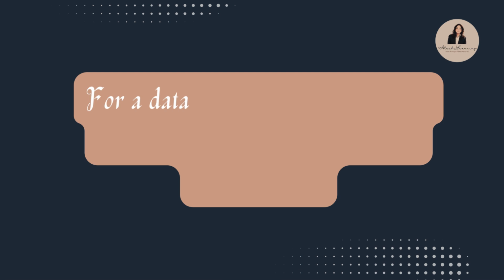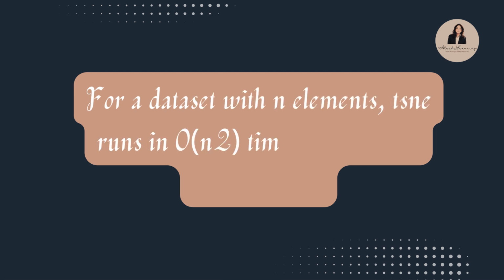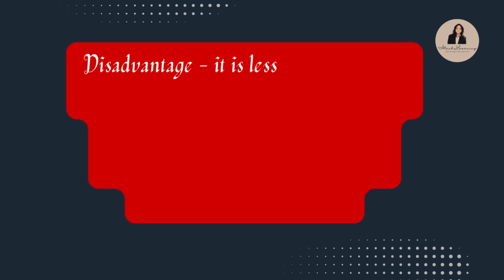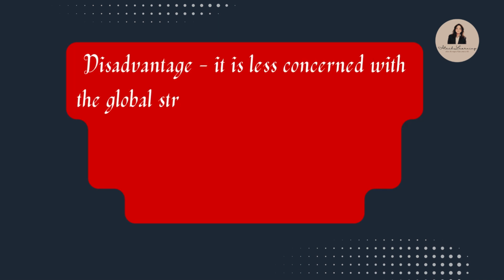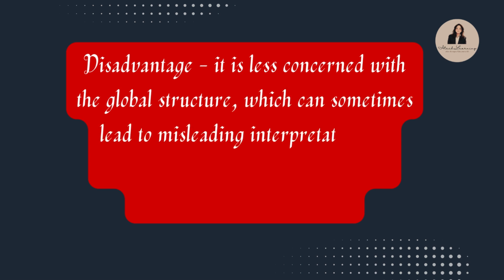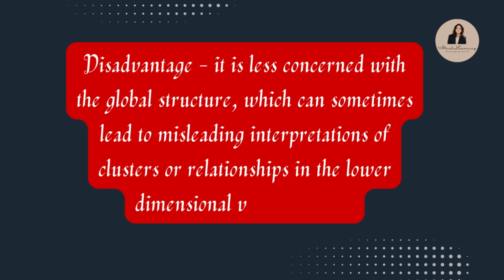For a dataset with n elements, t-SNE runs in big O of n square time and requires big O of n square space. The disadvantage of t-SNE is that it is less concentrated on the global structure, which can sometimes lead to misleading interpretations of clusters or relationships in the lower dimensional visualizations.